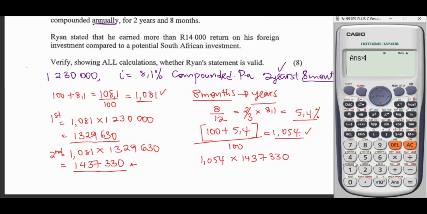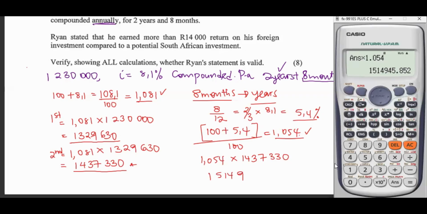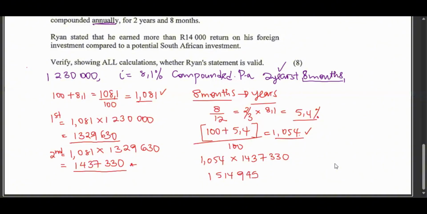We are multiplying with 1.054, and we end up having 1,514,945.900. So in South Africa, he would have got this much.